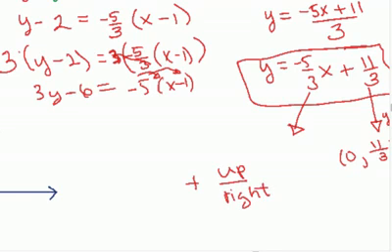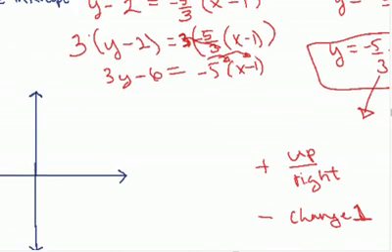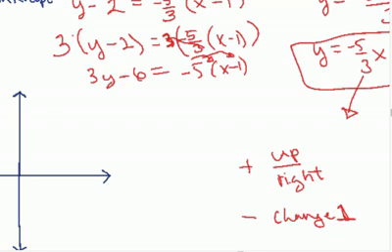And then if it's a negative slope, you just change either up to down or change right to left. So just change one. The way I remember it is positive people in class, what do they always do? They sit upright, right? And usually in the front row. And then negative, you just change one.